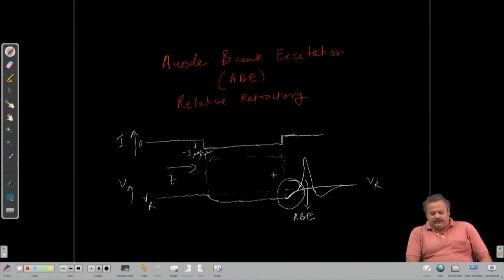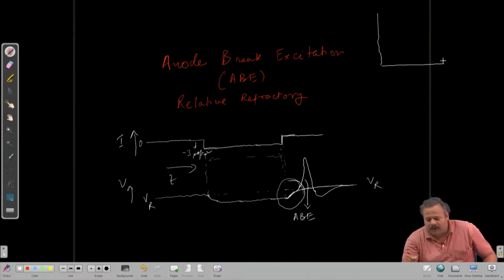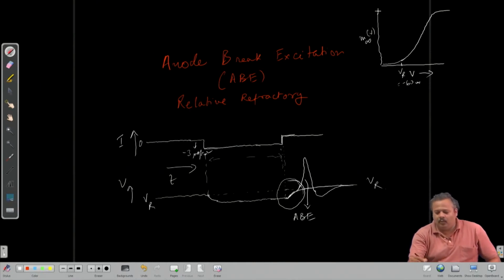So, as we know, let us say this is V and the M infinity curve, M infinity as a function of voltage. Let us say this is our V rest equals minus 60 millivolts. We know that our M infinity goes like this and reaches about 1.